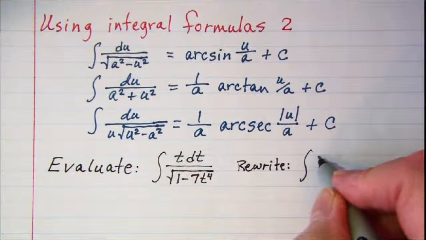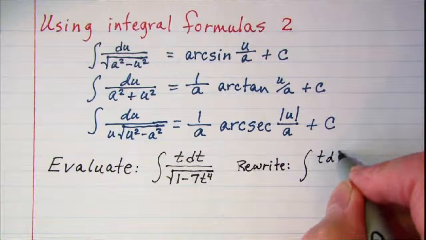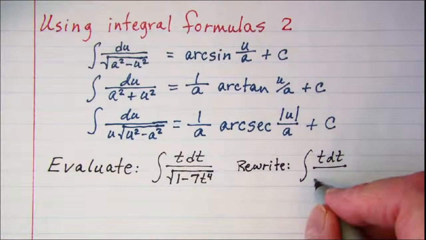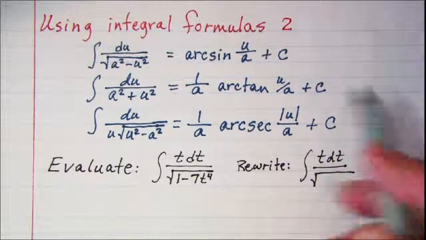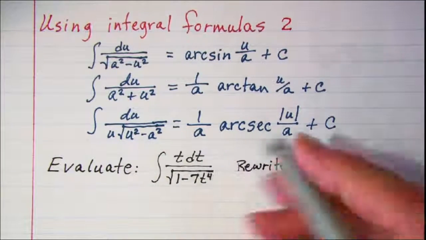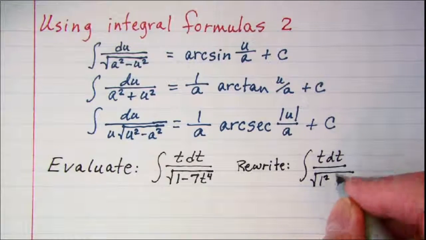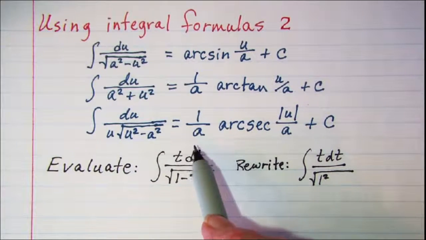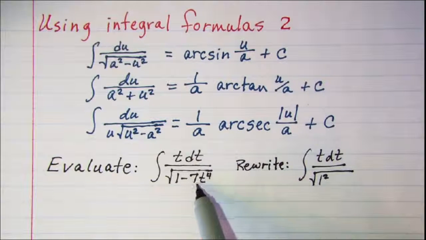So I'm going to just copy the t dt, and in the bottom I'll rewrite that as square root of, and then I need a constant squared, so 1 squared, and then minus something with the variable in it squared.